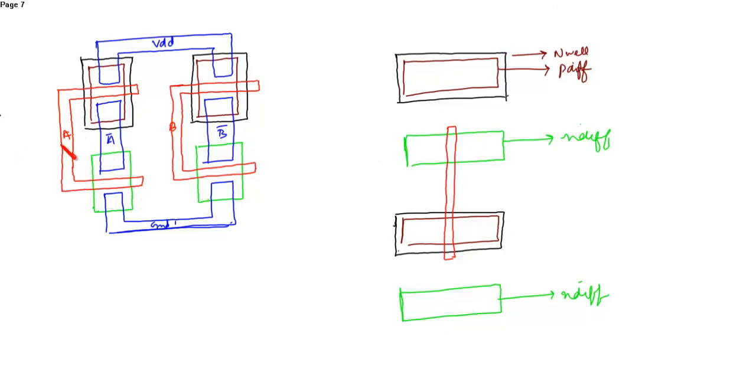First see, this A is connected to these two gates, then A bar is connected over here. Since A bar is connected to this, then B is connected to the source and B bar is connected to this source.